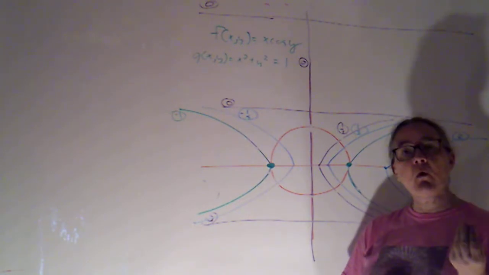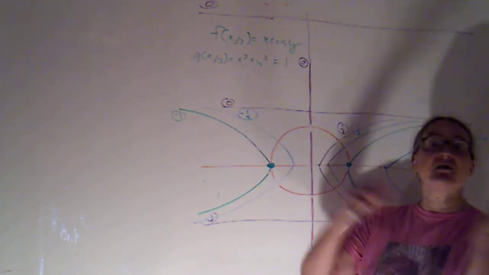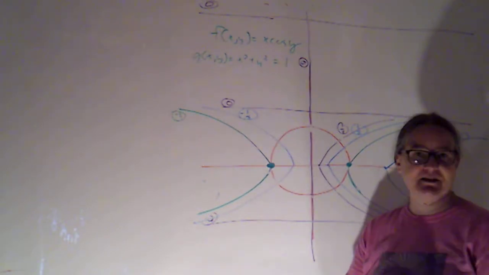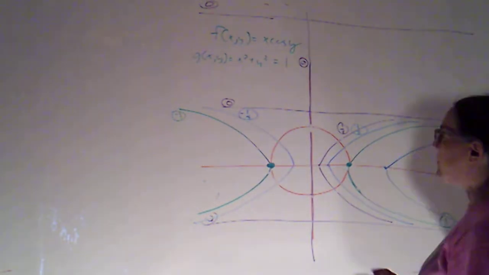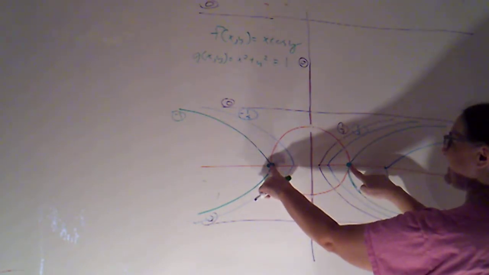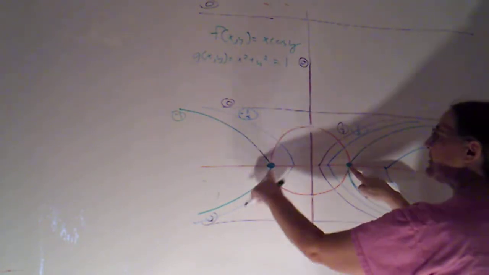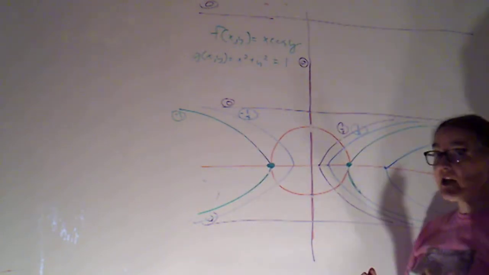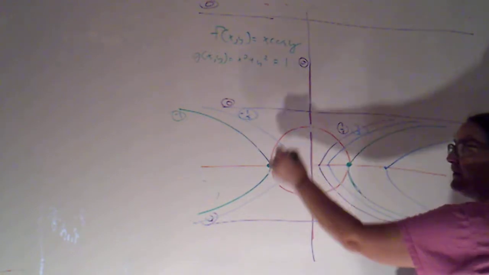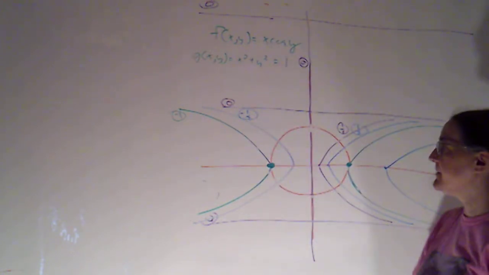Okay, so we want to find any additional points that aren't already critical points that happen to lie on our constraint, but where we would have a max or a min. And we determined that was at these places here where the level curve for f touched but did not cross the level curve for g. Okay.